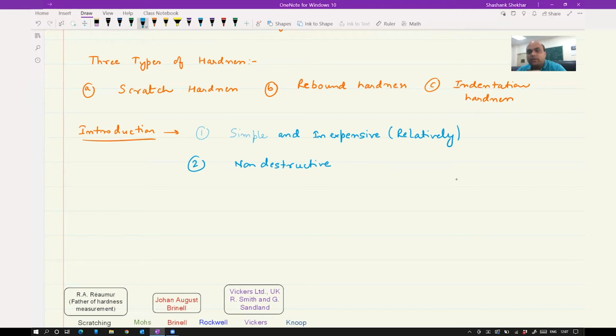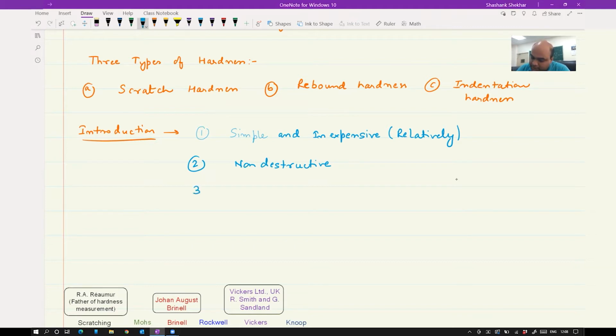So you are not destroying the sample itself. You are giving a localized deformation on the surface, so this test becomes non-destructive in nature. You are not fracturing or giving excessive deformation to the sample. So this is the second point.